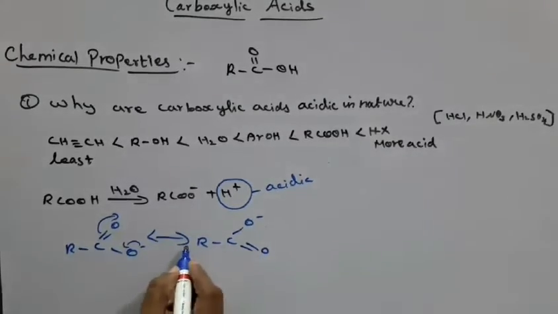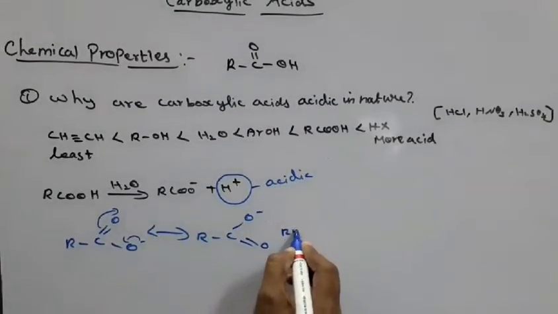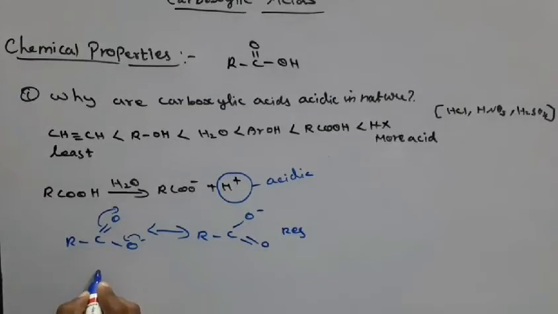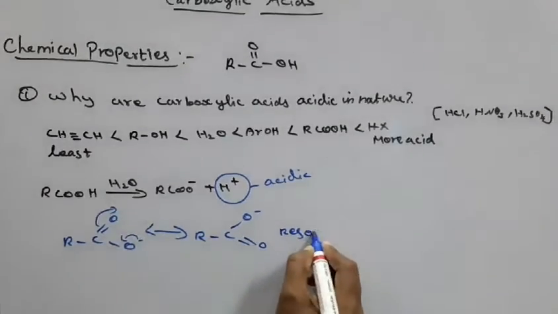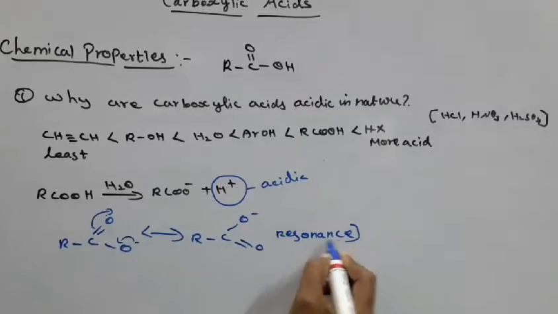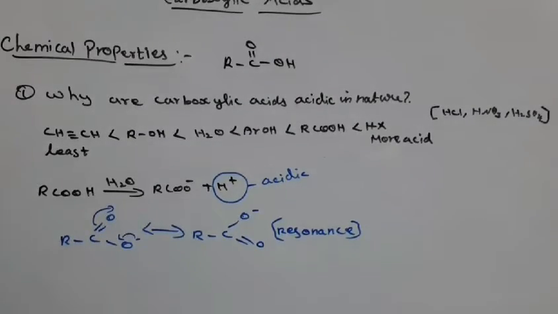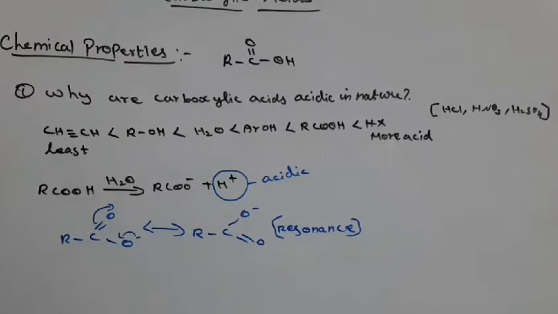This is the resonance structure. Dispersal of charge produces resonance structures, and the higher the number of resonance structures, the higher the stability.